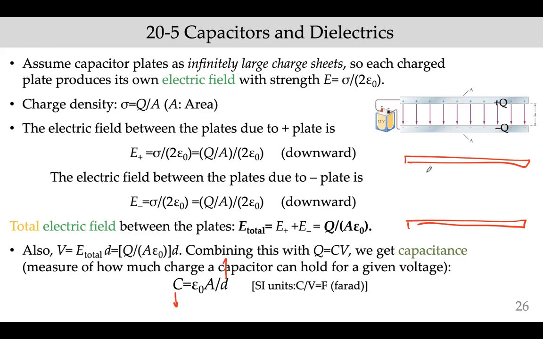By increasing D, you make the charges far away, so the force between them goes down, or the electric field goes down. Because of that, you can store less charge. So increasing D decreases capacitance.